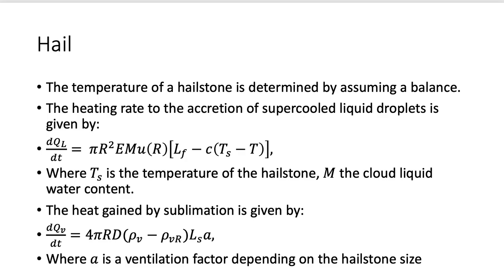This can be determined quantitatively, by assuming a balance between different heating rates. The first heating rate is due to the accretion of supercooled liquid droplets. The other heating rate is the heat that is gained by sublimation. Again, no need to get too much into the specifics and the details of this, but these are the two heating rates.